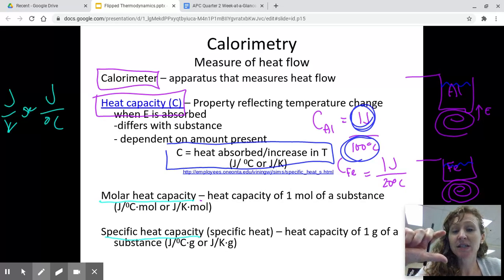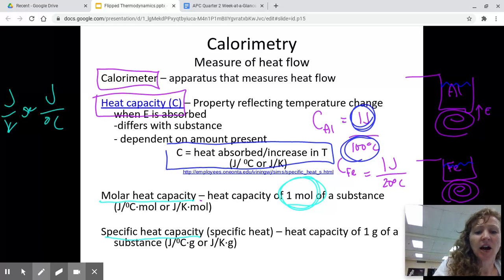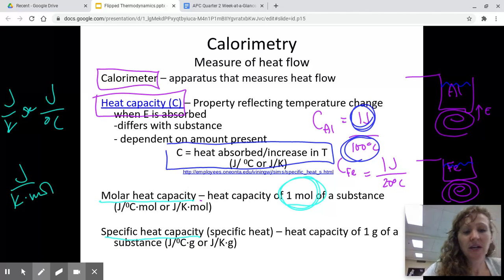Molar heat capacity is the same idea. What's the increase in temperature per heat absorbed, or vice versa: what's the heat absorbed per degree temperature change for specifically one mole of the substance? The units that come out of here are joules per Kelvin mole.